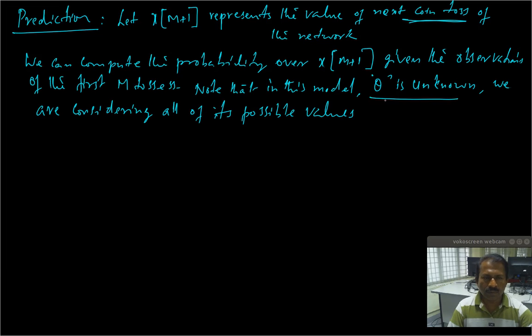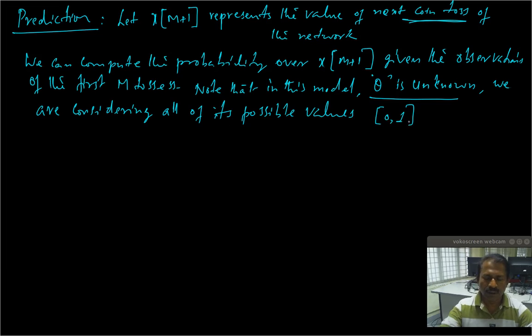So in the case of the MLE approach, we fixed theta as the number of heads, right? But in this case, this is unknown, and we are actually trying to consider all of its possible values. So possible values are basically in the range of 0 and 1, right?